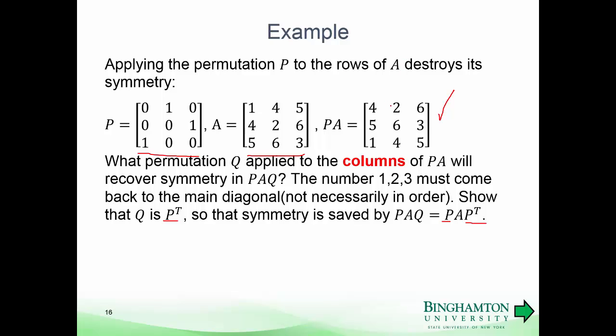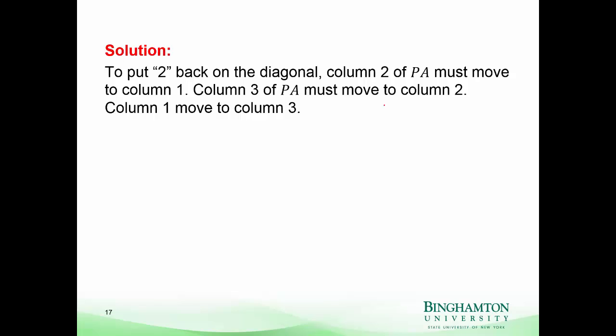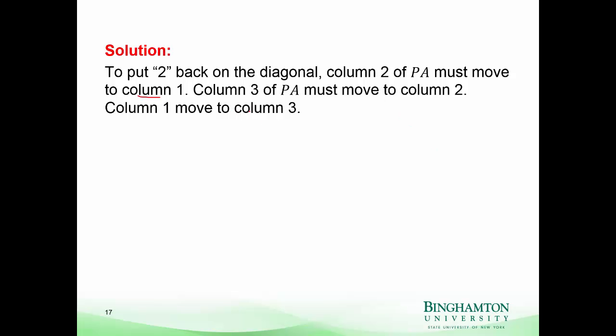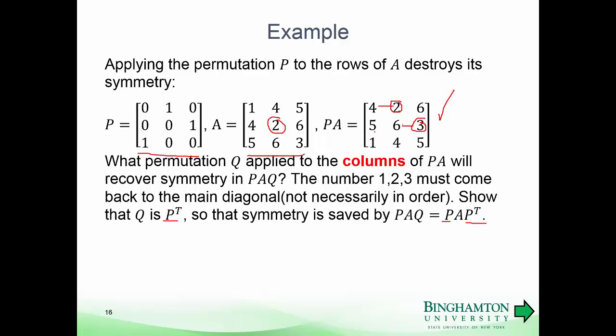Now, they're not going to be in the same order as before, but this 2 was on the diagonal, and so now we need to move it over there. So column 2 must move to column 1. That's what I just indicated. Column 3 must move to column 2. If we do that, that puts this 3 back on the diagonal. And then finally, column 1 must move to column 3.